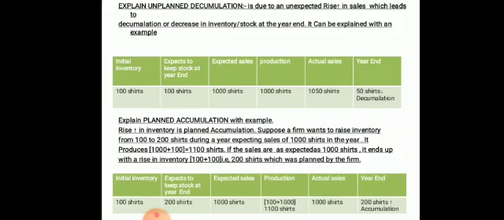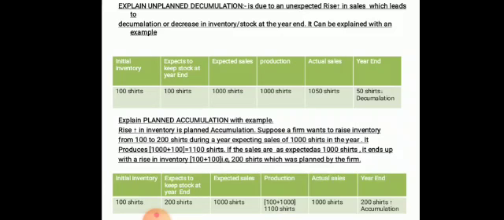Suppose a firm wants to raise the inventory from 100 shirts to 200 shirts. Okay, the example changes now. From 100 it wants to raise the inventory to 200 shirts during a year, and it is expecting to sell 1000 shirts in the year.